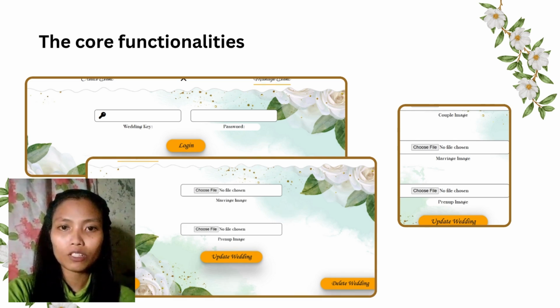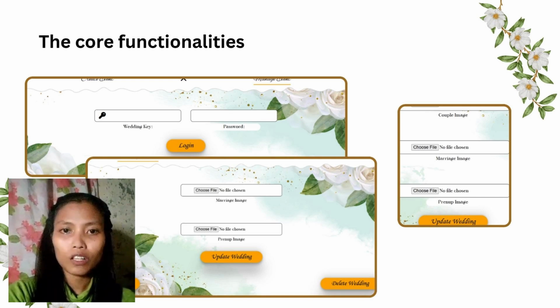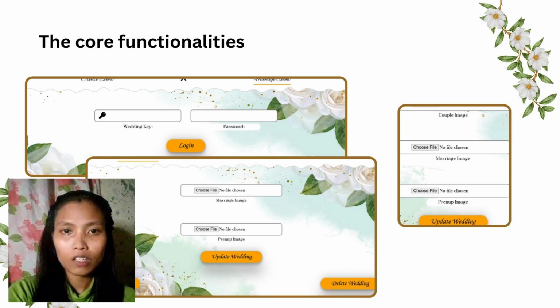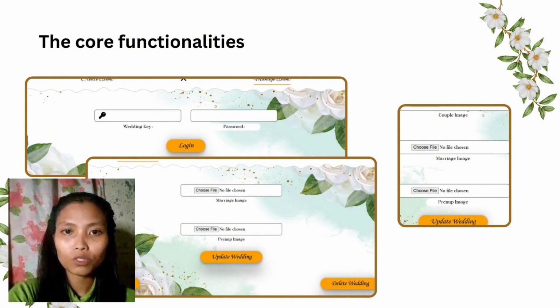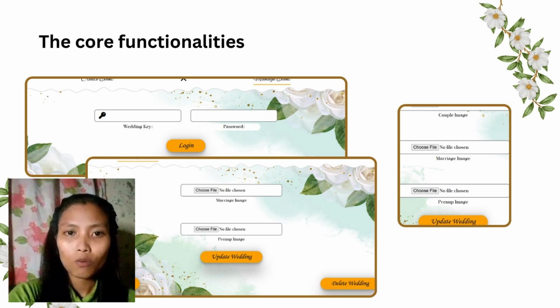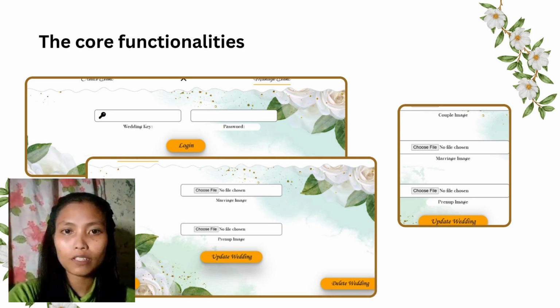However, for the wedding administrator to manage the wedding, we opted to use a wedding key and password instead of a username and password. This approach allows for a more customized business use case, whereas the wedding account can be logged in by any user who has the credentials.